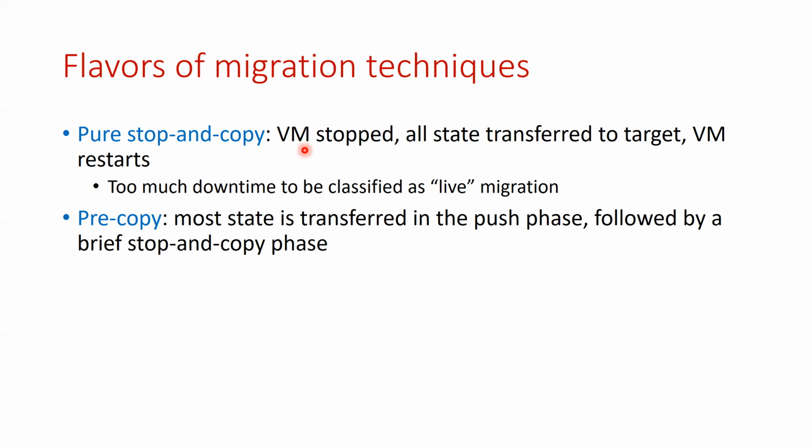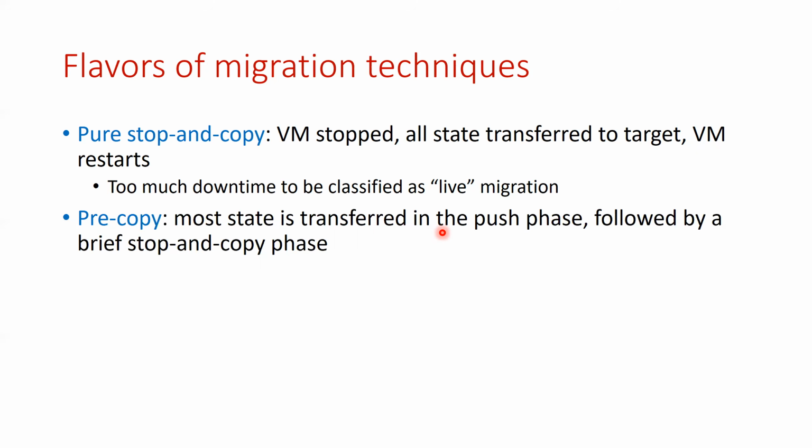So the next sensible idea is what is called pre-copy. In this, most of the state is transferred in the initial push phase. While the VM is still running at the source location, at the old location, you try to push as much of its memory as possible to the target. Of course you can't push all of it, because the VM is still running and it might still be writing to some memory, changing it.